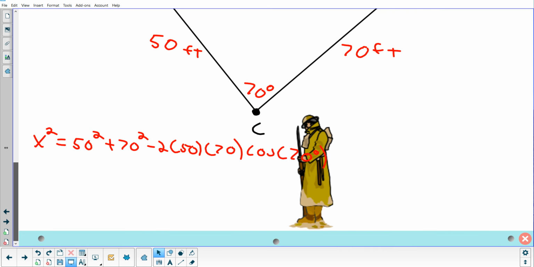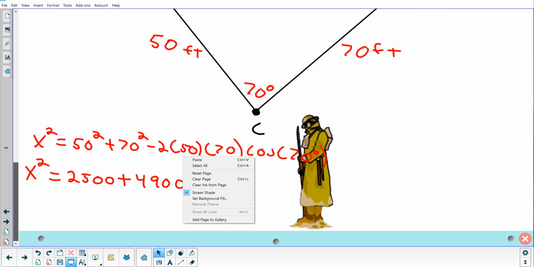Okay, so let's solve for x and see what the distance is between the houses. All right, what's 50 squared? 2,500. What about 70 squared? 4,900. All right. 2 times 50 is 100.